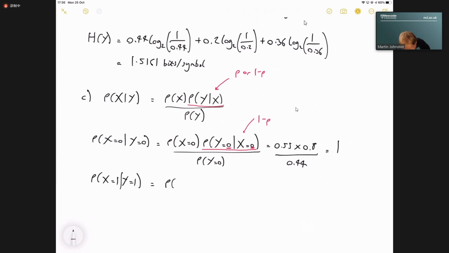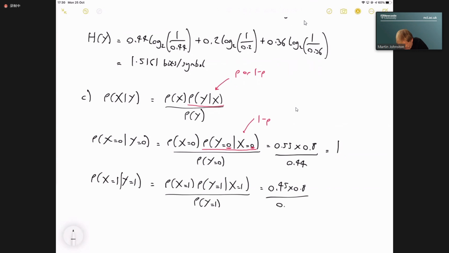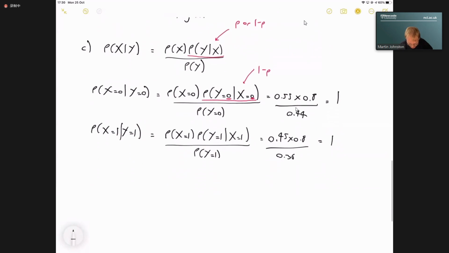So just to prove that, put the numbers in. And again, we get 1. So there are only 2 more left. We've got the probability x equals 0 given we've received an erasure.